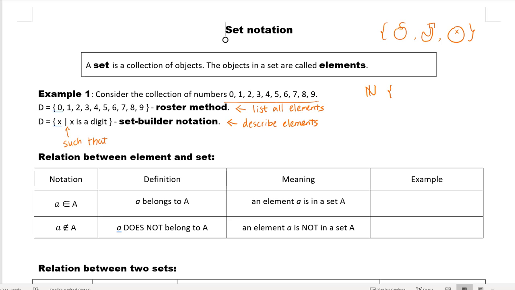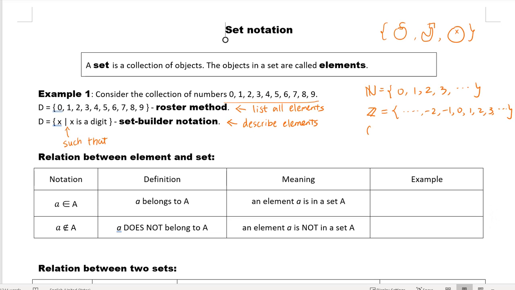Okay, more examples. The natural numbers are 0, 1, 2, 3, and so on. Some textbooks include the 0, some do not. Then we have the integers. The set of integers is ..., -2, -1, 0, 1, 2, 3, etc. Here we are listing the elements, so this is the roster method.